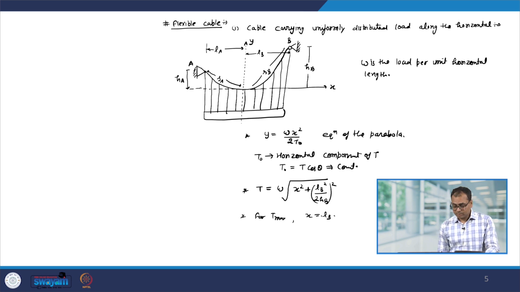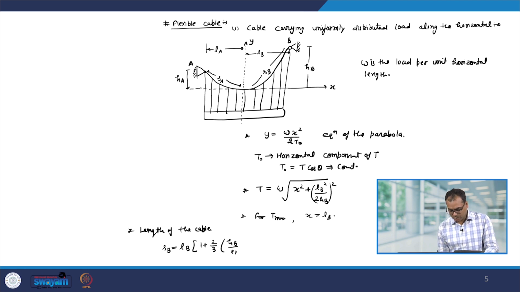Now, the length of the cable can be found using SB equal to LB times (1 plus 2 by 3 (HB over LB) square minus 2 by 5 (HB over LB) to the power 4 plus dot dot dot).